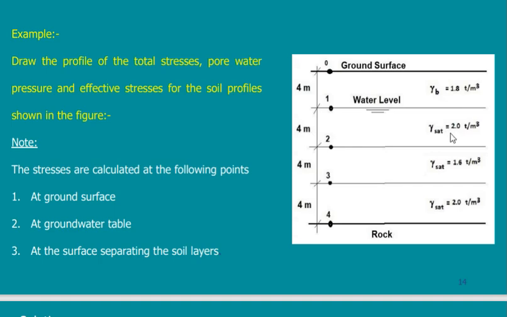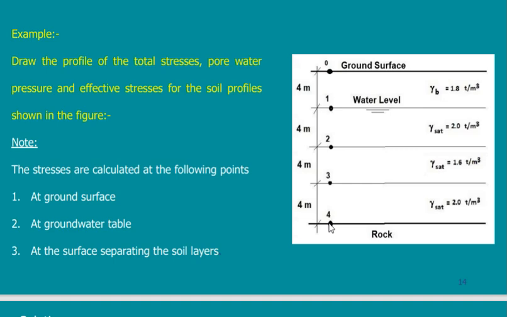In this case, do not use the saturated, use the submerged, which is 2 minus 1, 1.6 minus 1, 2 minus 1. So in this case, you can calculate at point 4 what is the effective stress without going into calculating the total and then the water and then subtracting for each layer.